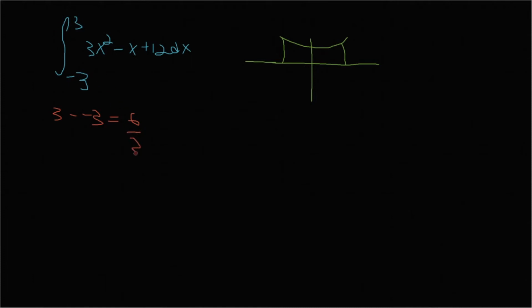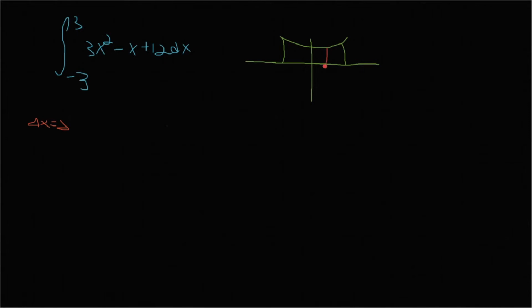Alright, so divide by 3, and so the length of the interval is 2, okay? And so, like we saw in the sigma notation problem earlier, that would be delta x, if you wanted to think of it like that. So delta x is 2. The length of the rectangle is 2, right?